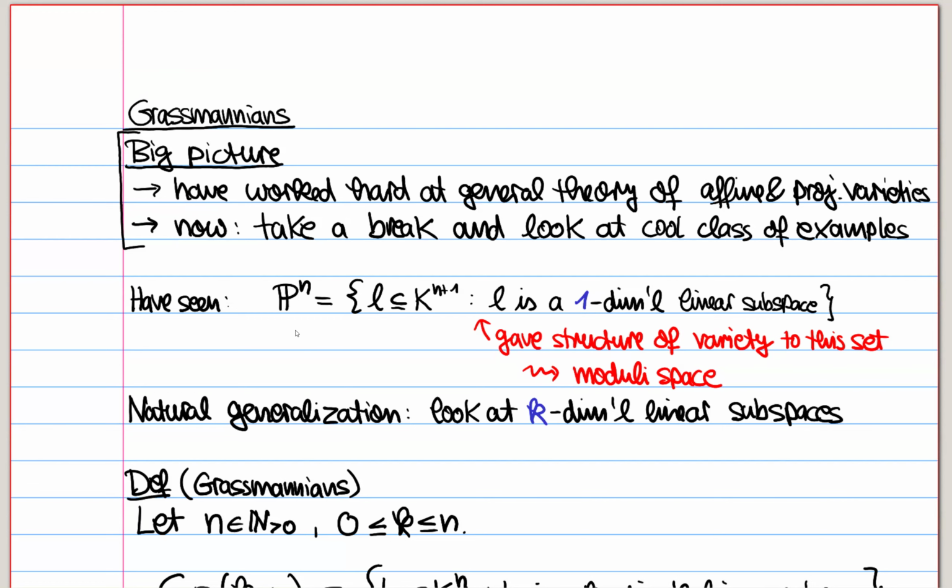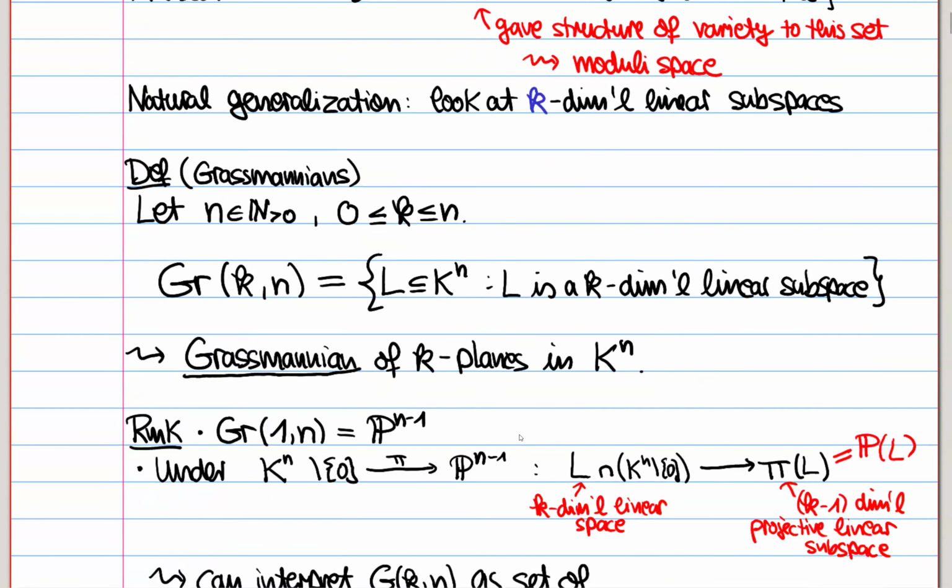The kind of mathematical objects that we want to look at is we generalize these one-dimensional subspaces and now look at k-dimensional linear subspaces of a given vector space. And this is already the definition. If you fix n and then some number k between 0 and n, then you can look at Gr(k,n), the Grassmannian of k-planes in K^n.